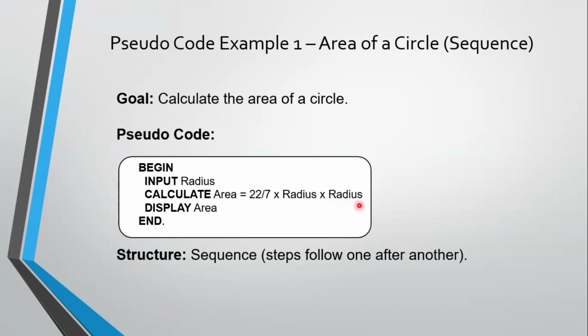Here, this is the formula for calculating the area of a circle. And then, after the calculation part, finally, we show the result to the user by this display keyword.